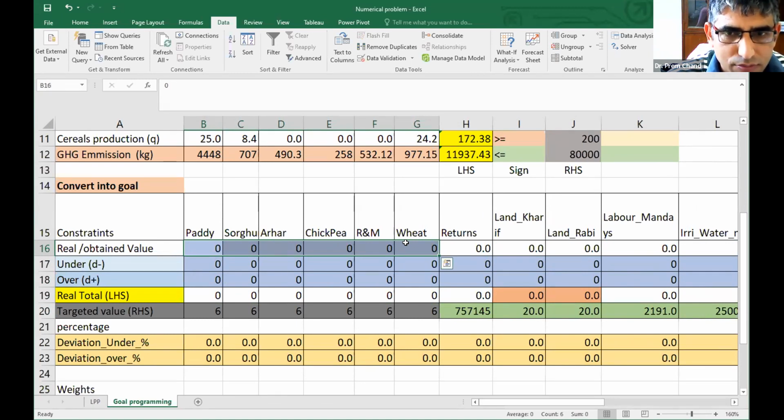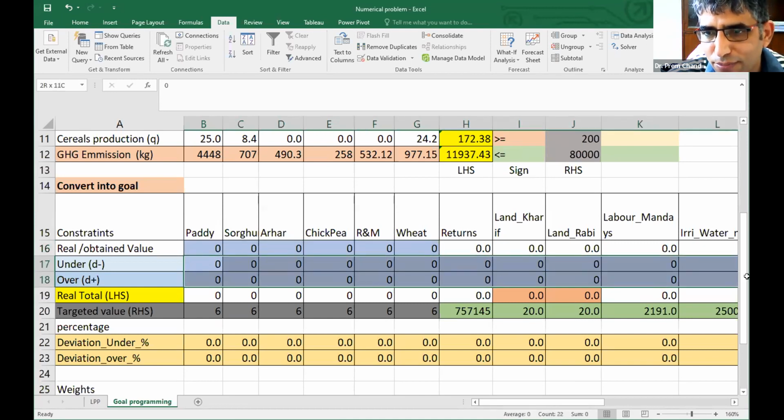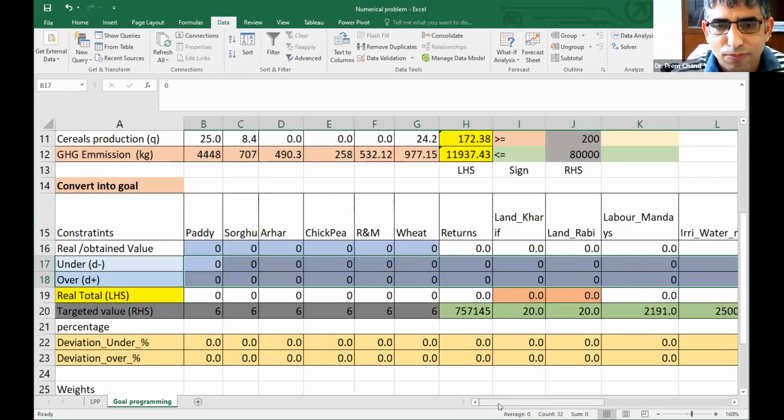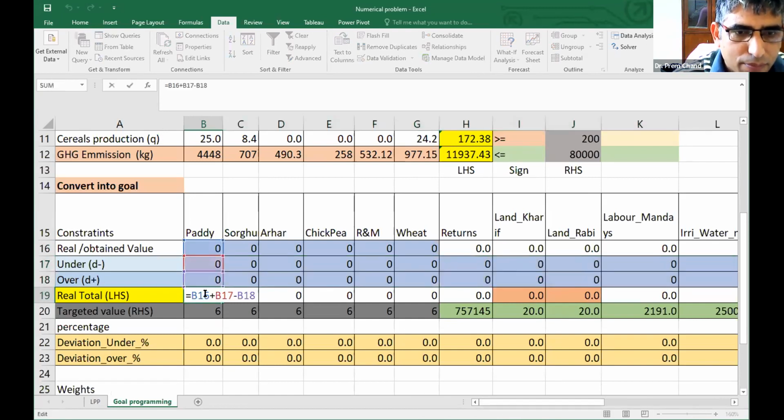These are my decision variables. And of course, these deviation variables will also become decision variables, because these will vary. So I have allowed the flexibility by adding negative deviations and subtracting positive deviations.